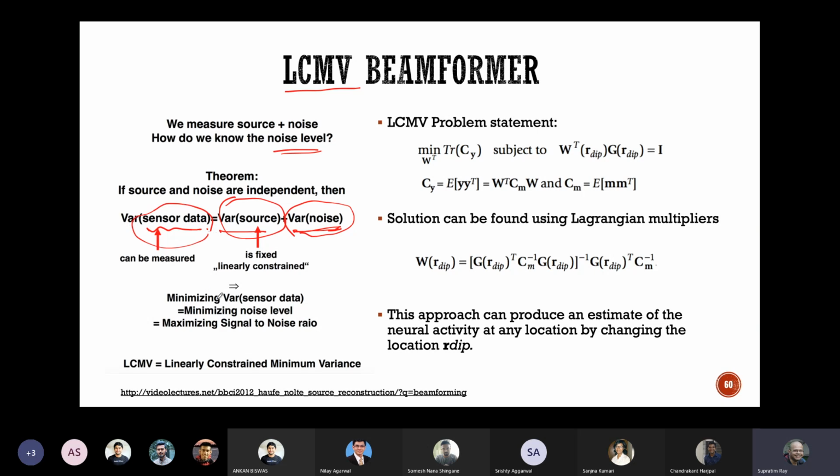So you could try to minimize the noise in the sensor data, which will minimize the variance of the noise as well. Okay, so the LCMV problem statement becomes as follows. You estimate the covariance matrix from the data.